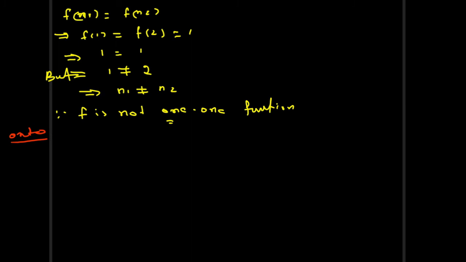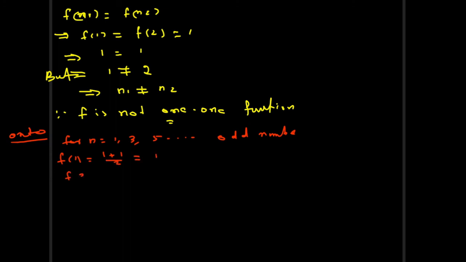Clear? Onto. For that, take n equal to 1, 3, 5, etc., the odd numbers. For odd numbers, what is f of 1? This function is defined as n plus 1 by 2. 1 plus 1 by 2 equals 1.